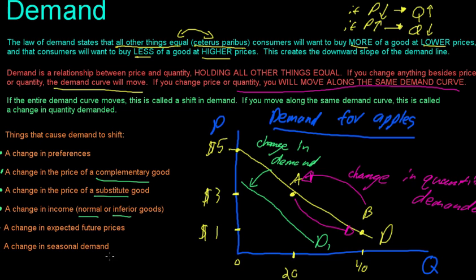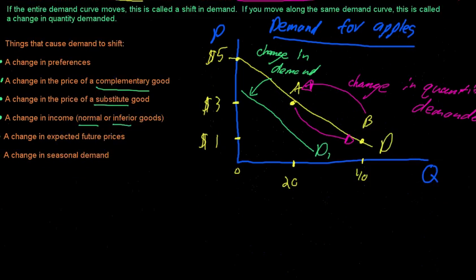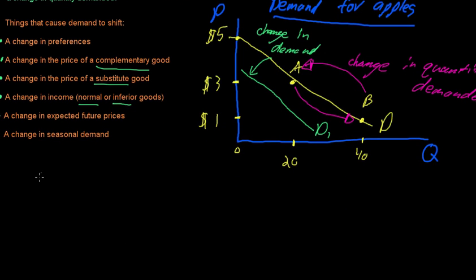So this just works like this. If you think that prices will be higher in the future, so if I'm running out of room, I'm going to scroll down a little bit. If you think prices are going to go up in the future, then you'll buy more today.